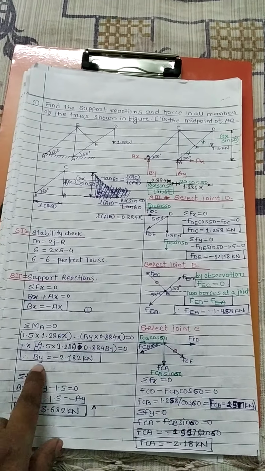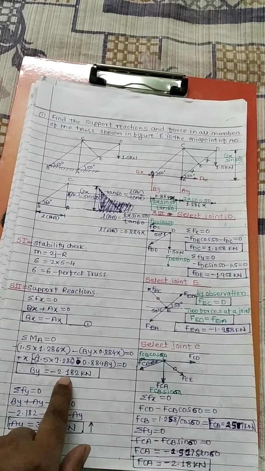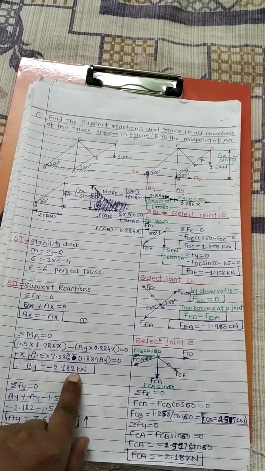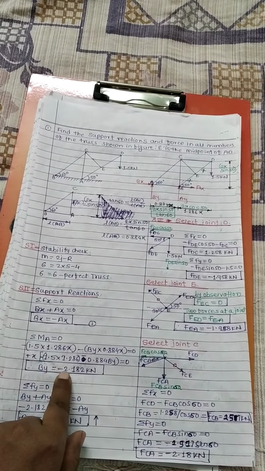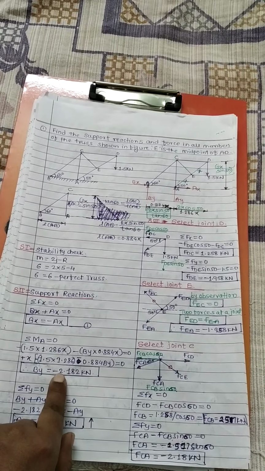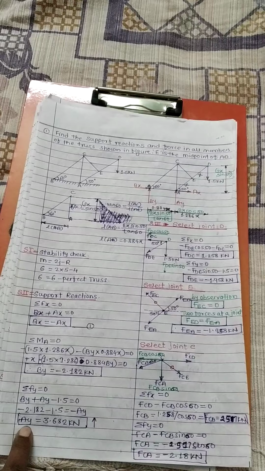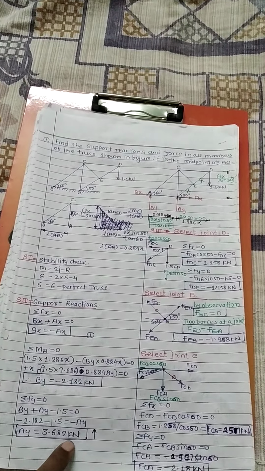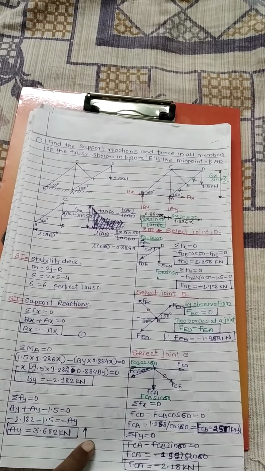So x will be cancelled, and By magnitude will be minus 2.182 kilonewton. We assumed By upward, so the answer being negative means the direction of By at point B is downward. Then if I apply summation Fy, I got Ay as 3.682 kilonewton. It is a positive answer, so the assumption is correct, it is in the upward direction.